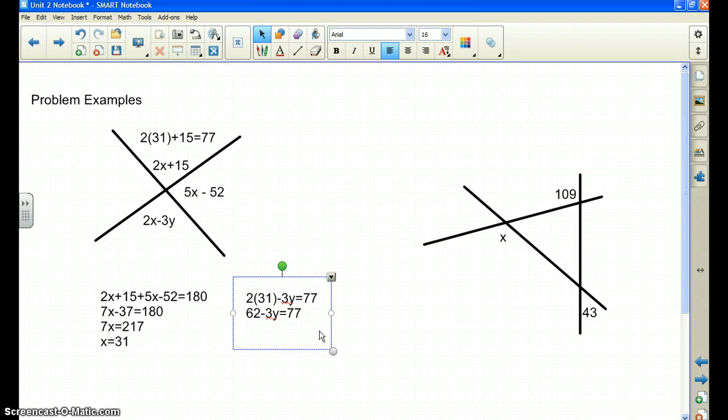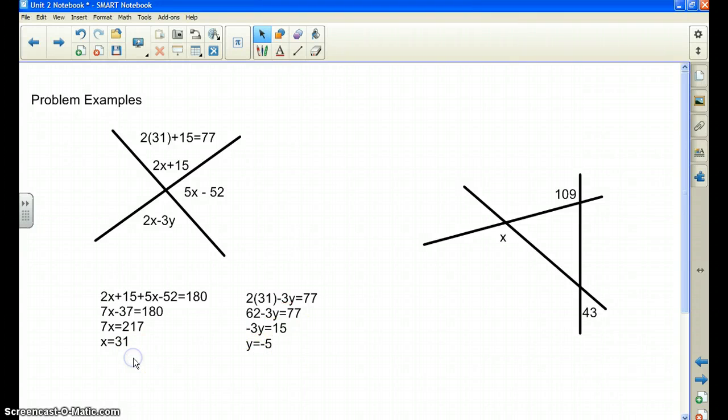I'm going to subtract that 62 from both sides. So 77 minus 62 is 15, so it's going to give me negative 3y equals 15. Finally, I'm going to divide both sides by negative 3, so that's going to give me y equals negative 5. Okay, so I've got an x value as being positive, a y value as being negative, and that's just fine. There's absolutely no problem with that because when I plug it back in here, I will get a positive value for my angle.